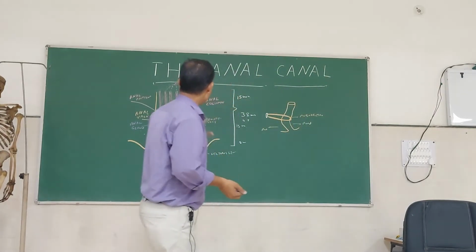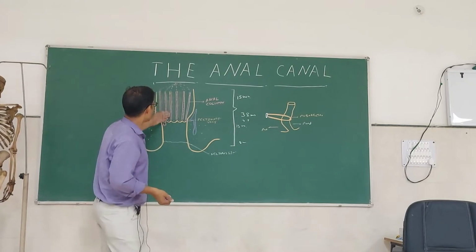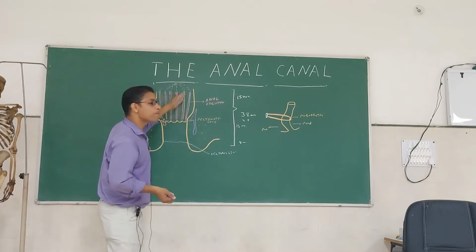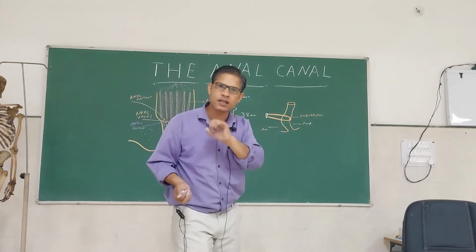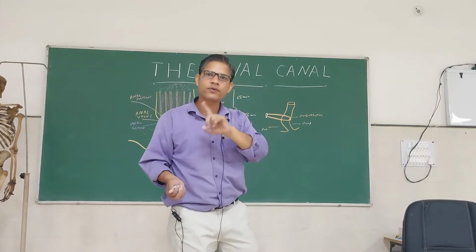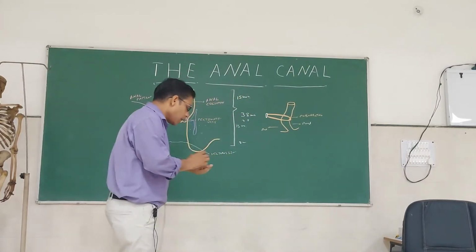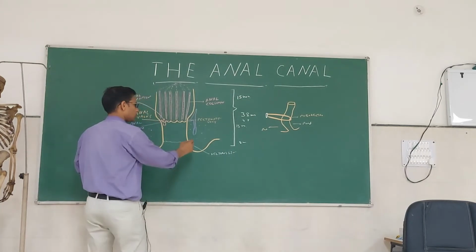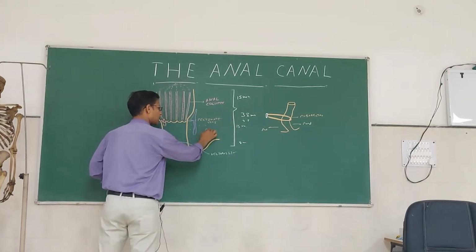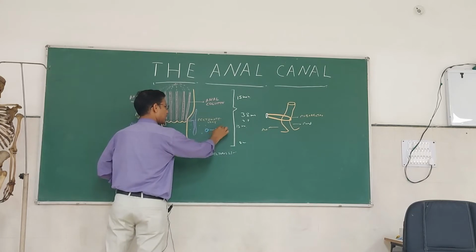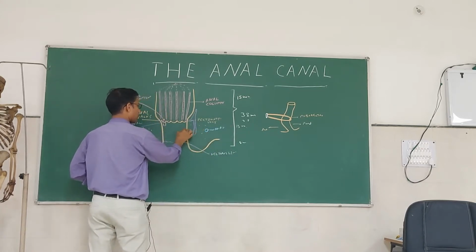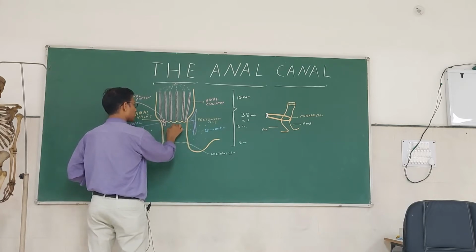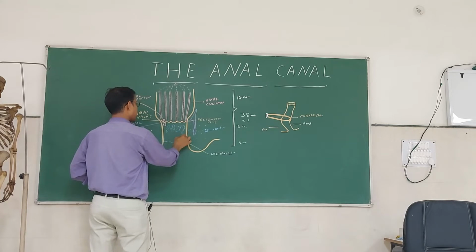Each of them: the superior rectal vein is a continuation of the inferior mesenteric vein, which is part of the portal venous system. I'm drawing the middle rectal vein here, passing through and forming a plexus in this zone. That zone is known as the pectinate zone.